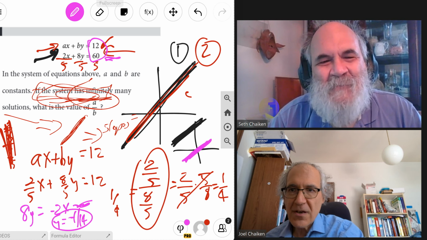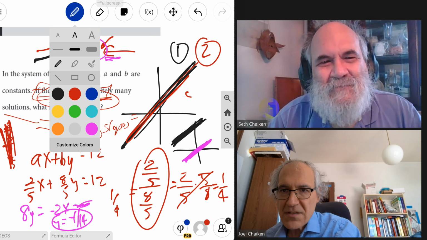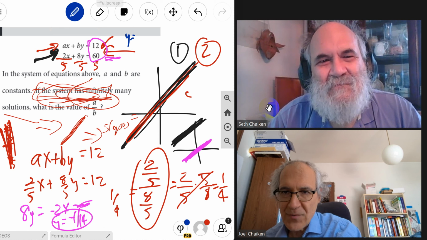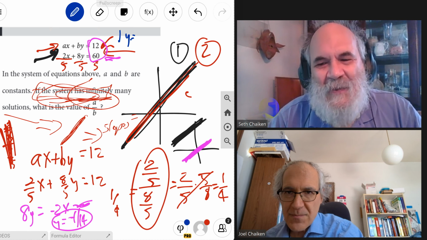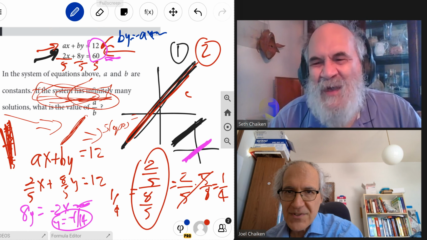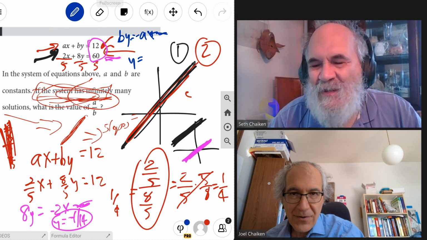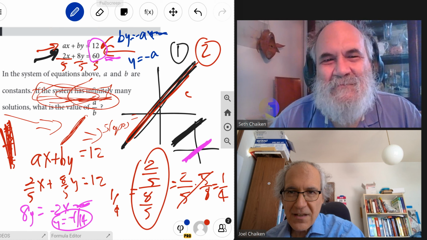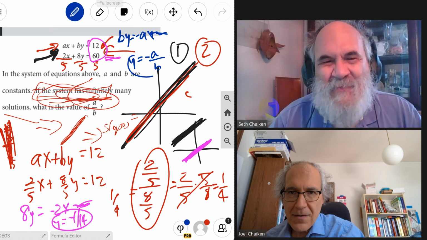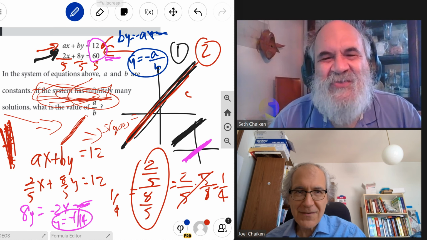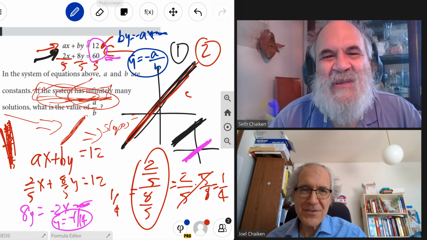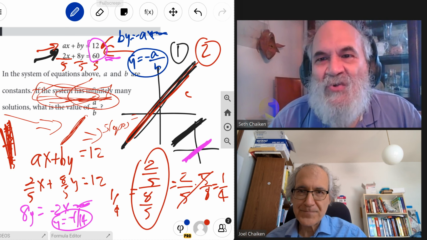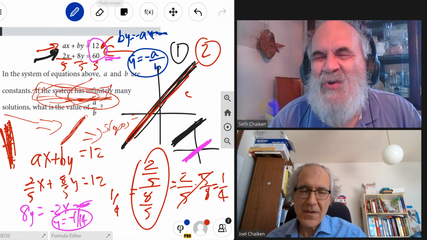The slope of this other one, we move the ax over. So it's by is equal to negative ax plus junk. So this slope is negative a over b, right? Kids who are taking the SAT know a little bit of algebra and could avoid all that wordy thinking and go much quicker.